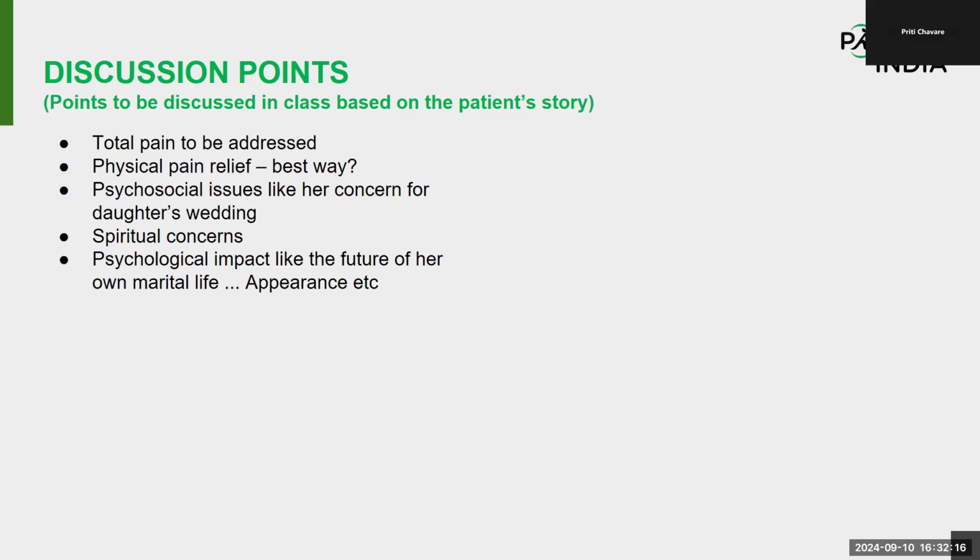Ma'am, currently she is on paracetamol 500 mg 6 hourly, and tablet morphine 5 mg 4 hourly. The patient is not having severe pain. She is comfortable with the given doses, but doctors want to reduce her doses and shift her to one particular dose. Can we reduce the dose of paracetamol or morphine, or give both analgesics together?